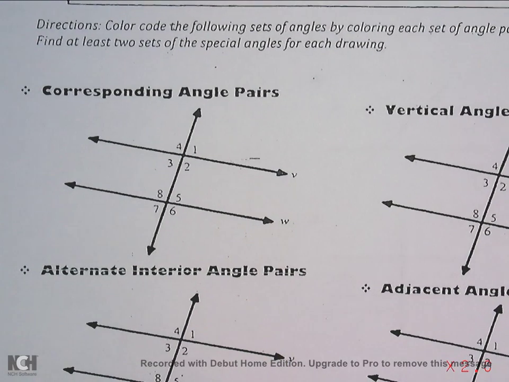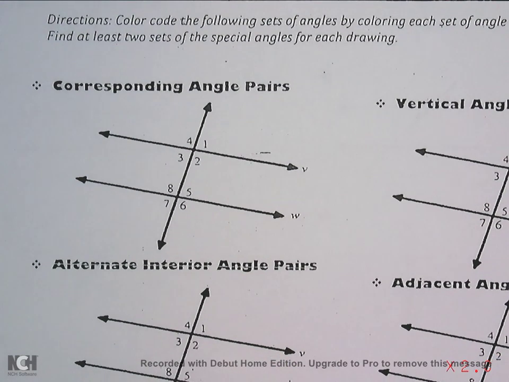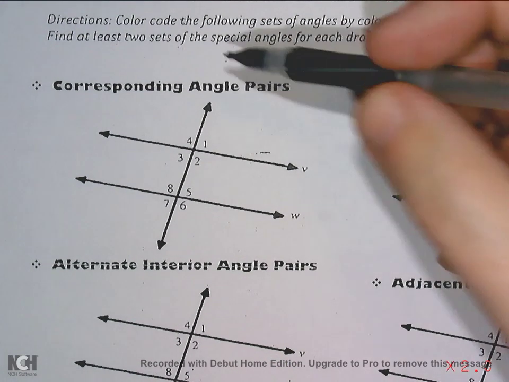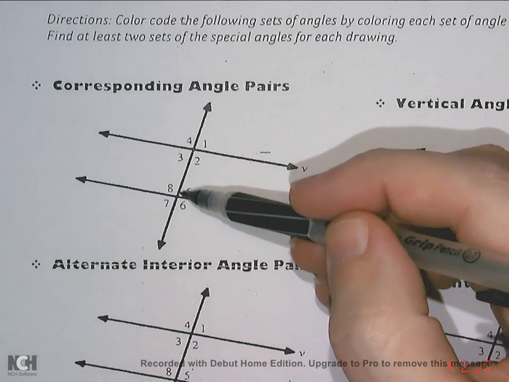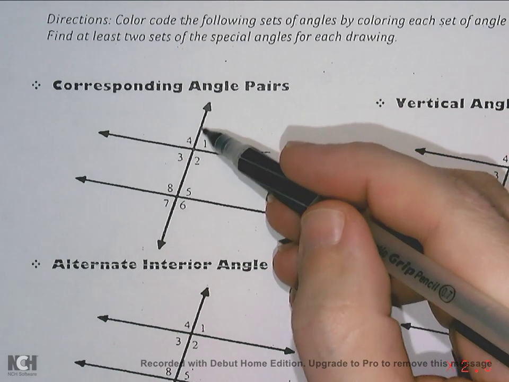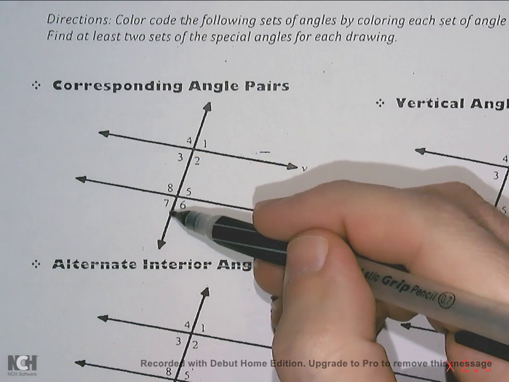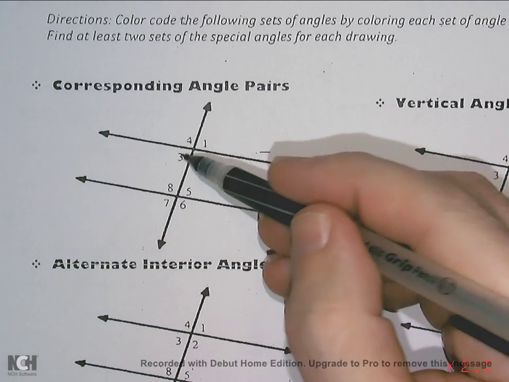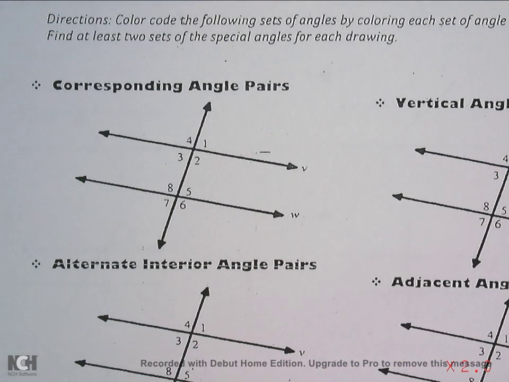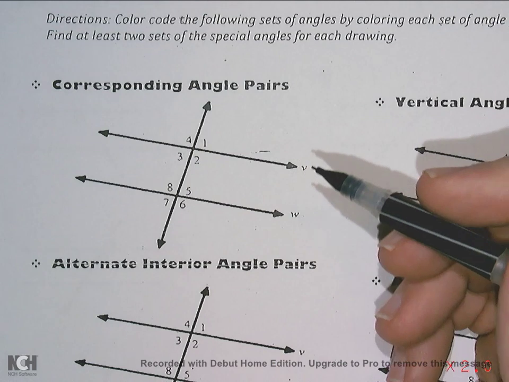And let's start with corresponding angles. So you'll notice when we have a transversal, we end up with two intersections. When the line crosses each parallel line, it creates four angles, right? A corresponding angle is an angle that appears in the same spot of each intersection.